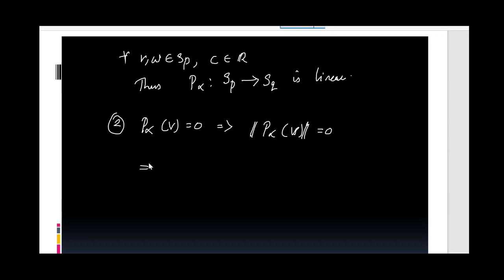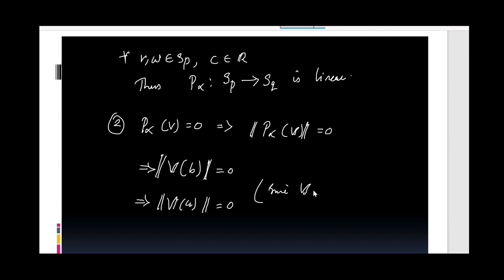Which implies the norm of P alpha of V equals 0, which implies norm of V(b) equals 0, which implies the norm of V(a) is also 0. What's the reason?